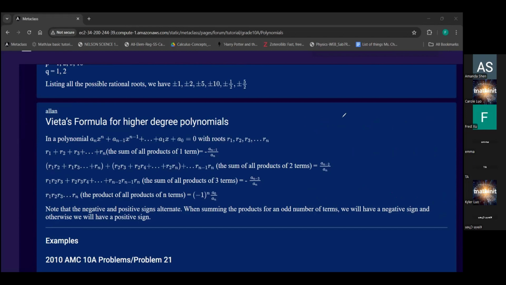So let's actually use the polynomial from before, right?